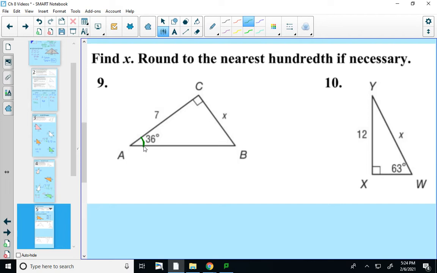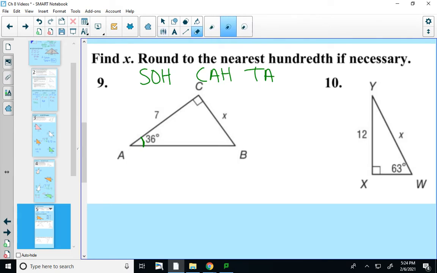I need to use one of those trig ratios, sine, cosine, or tangent. So we're just going to see which one applies. And that's TOA. So it looks like I've got this side, CB is x.